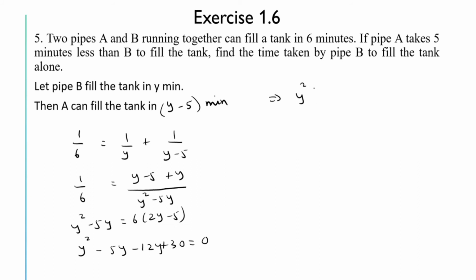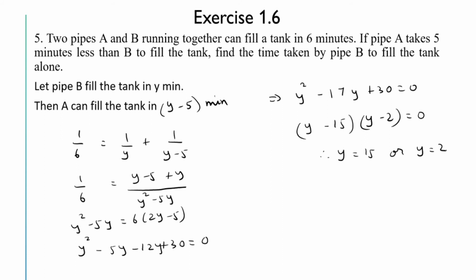So we get y square minus 17y plus 30 is equal to 0, or on solving this we get (y minus 15) into (y minus 2) is equal to 0. So therefore y is equal to 15 or y is equal to 2.